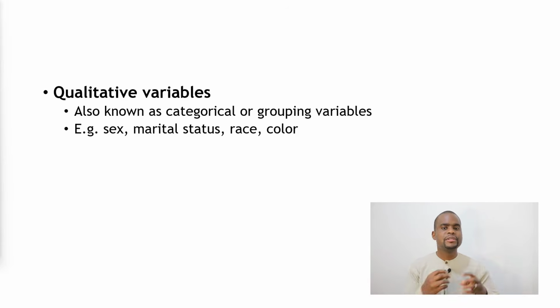For example, if you're dealing with categories, you cannot do any mathematical calculation on categorical values. For example, you have gender, male and female. We cannot add them up. We cannot divide them up. So you can never do any mathematical manipulation on categorical or qualitative data.